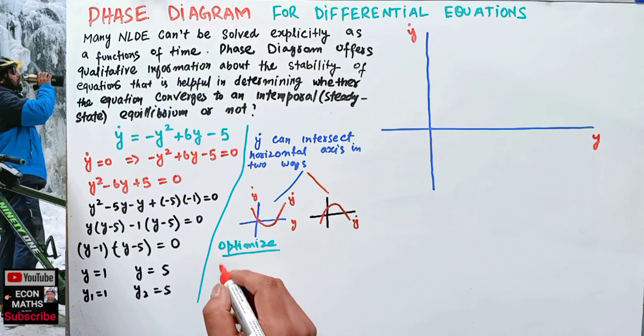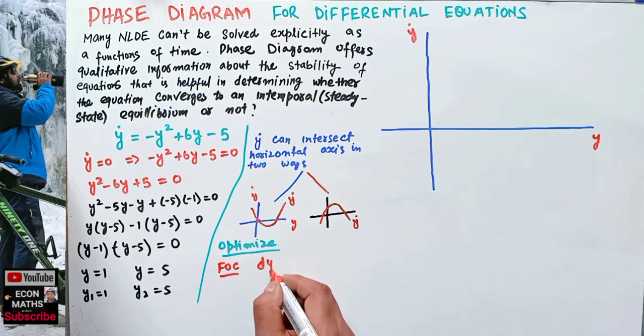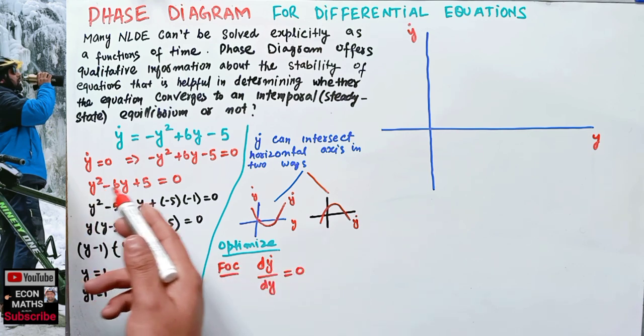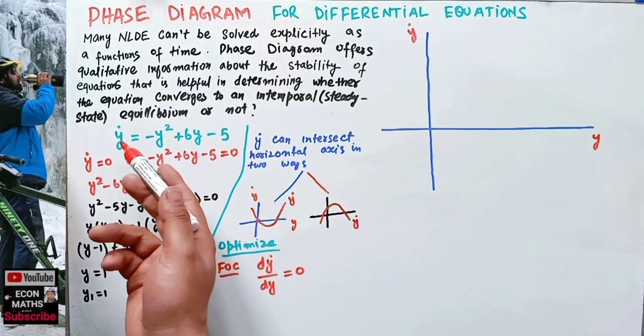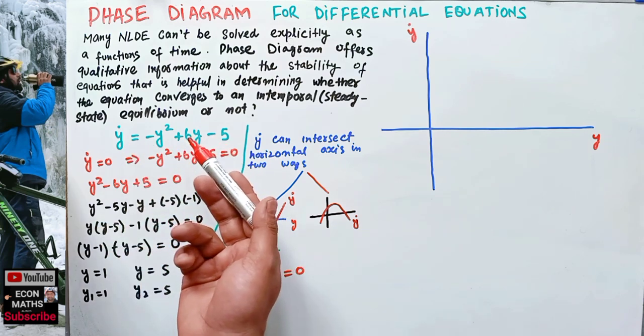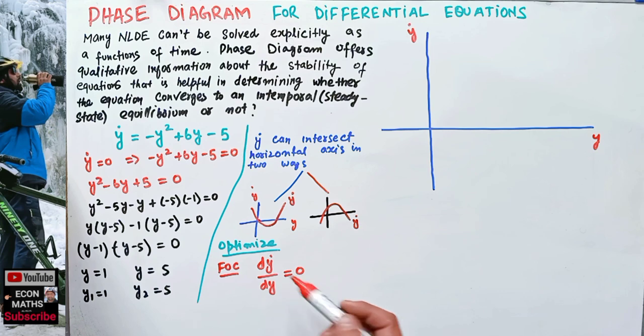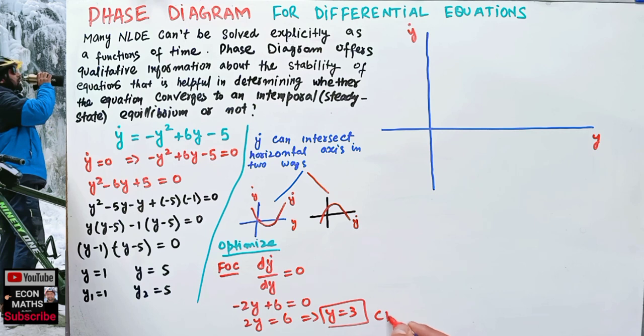The first order condition for optimization requires d y dot upon dy to be equal to 0. Taking the derivative of this function, we get minus 2y plus 6 equal to 0. That gives us 2y equal to 6, which implies y is equal to 3. So y equal to 3 is our critical point.